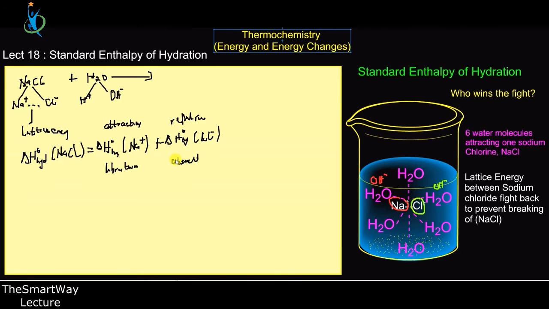And so the sum of these two energies is what constitutes the hydration energy of the sodium chloride. Have you gotten that? Now, basically, when the sum of the two hydration energies of the two separate ions is bigger than the lattice energy holding the ions of the ionic compound together, then it means that the salt will dissolve in water.